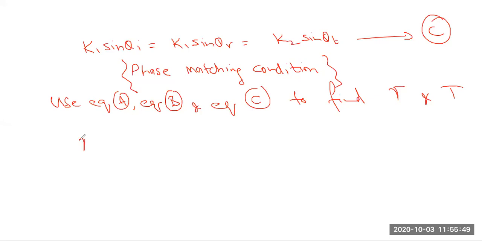So what you will get? You will get the value of gamma and the value of the transmission coefficient.